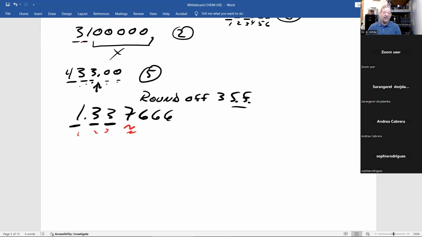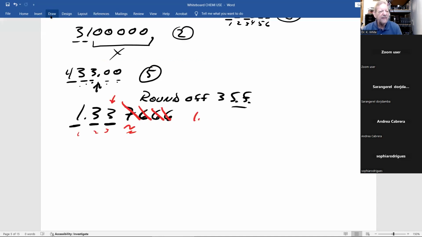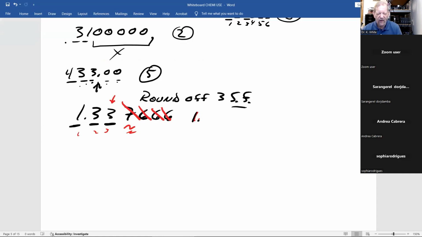Is this 4 or less or 5 or higher? It's 5 or higher. So I'm going to drop this, but increase that by 1. And the correct answer here is 1.34. And that is how you round off.